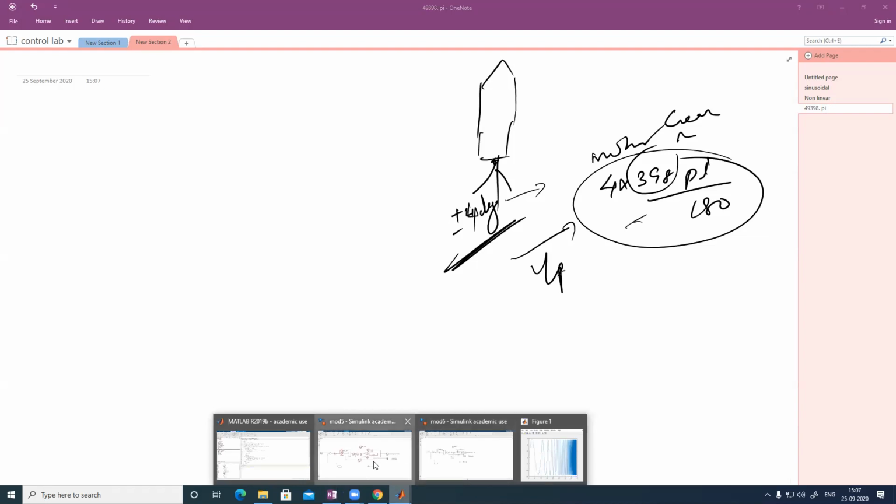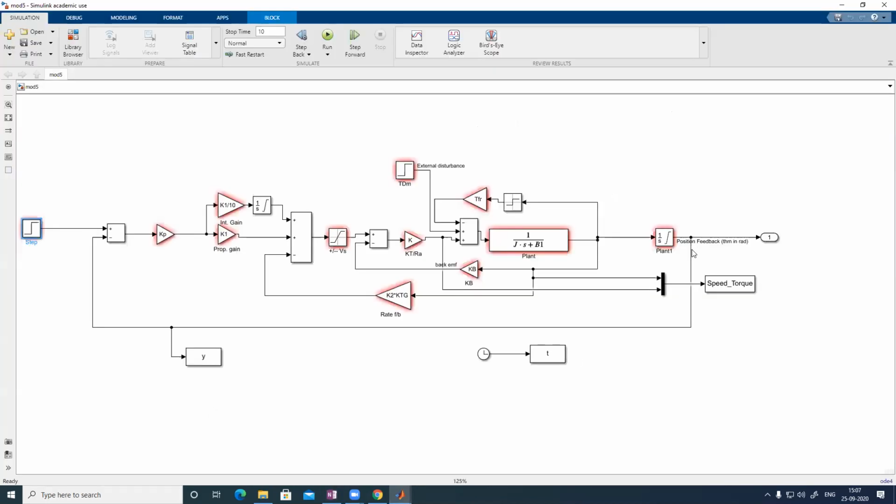But here you are taking this position, whatever you are getting, that is feedbacking directly. So here you have to supply input theta corresponding to this value here. That is why this 4 into 398 into 5 by 180 is 100% command amplitude I am telling.